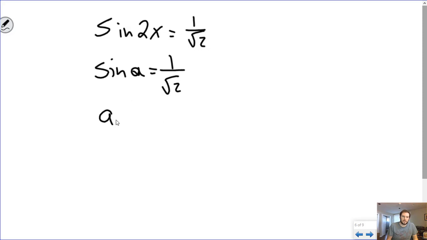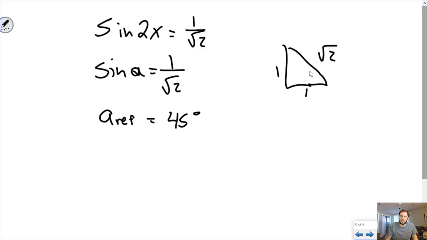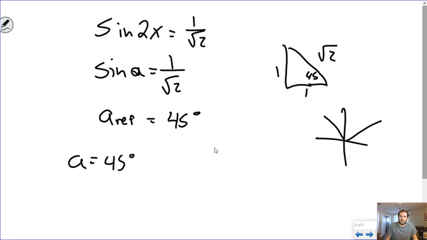So my reference angle for a is 45 degrees, right? Because that's this triangle here, 1, 1, root 2, so 45. Okay, so then now I know a is either going to be 45 degrees, because of my CAST rule, so 45 is here, and then 45 there, or a is going to be 135 degrees.